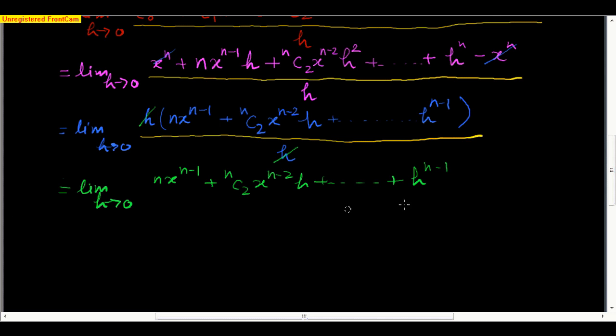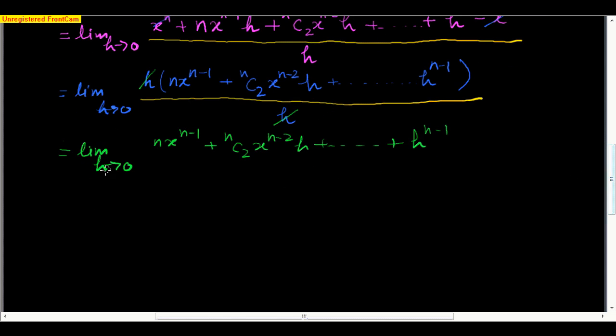We have only this. Now we put the value 0 instead of h, we get n x power n minus 1.